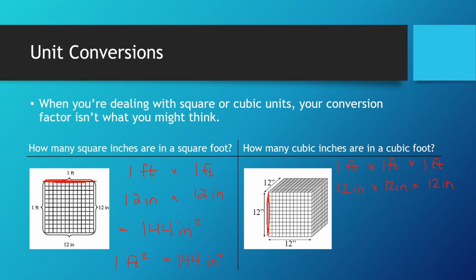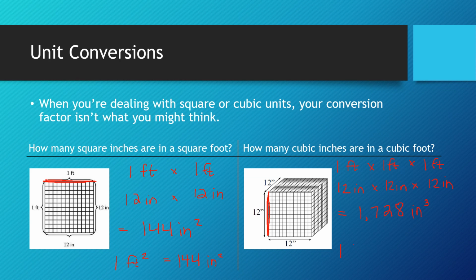And if you work that out in your calculator, 12 times 12 times 12, you do get 1,728. And it's going to be inches cubed because it was cubic.